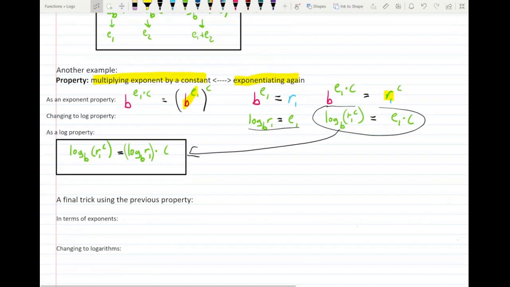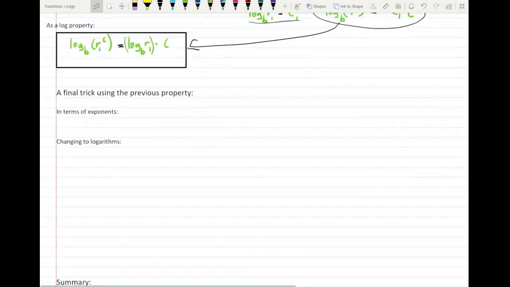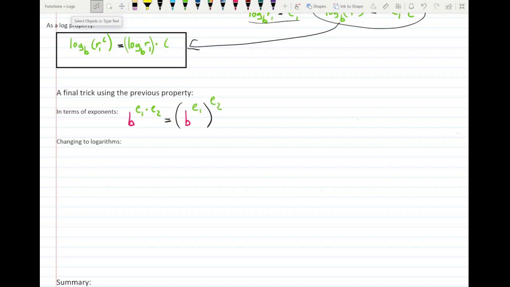Now, we can actually get even more mileage out of the last property. Let's write down that previous property again. b to the power of one exponent times another exponent is equal to b to the power of the first exponent, all raised to the power of the second exponent. Once again, we're going to name our results, but this time a little bit differently.